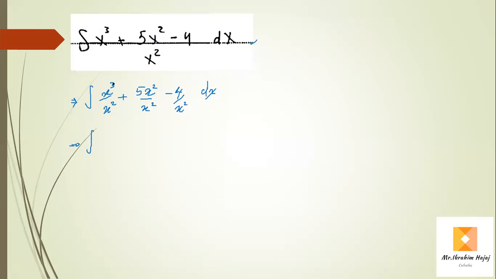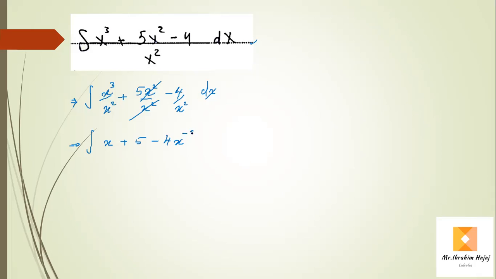It's the integral of x cubed over x squared. It will be x plus 5, plus 5x... x plus 5, and the x squared over x squared cancel.